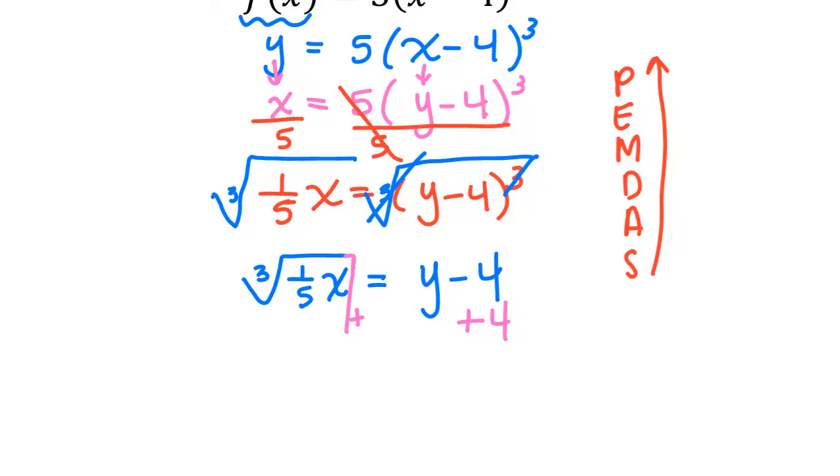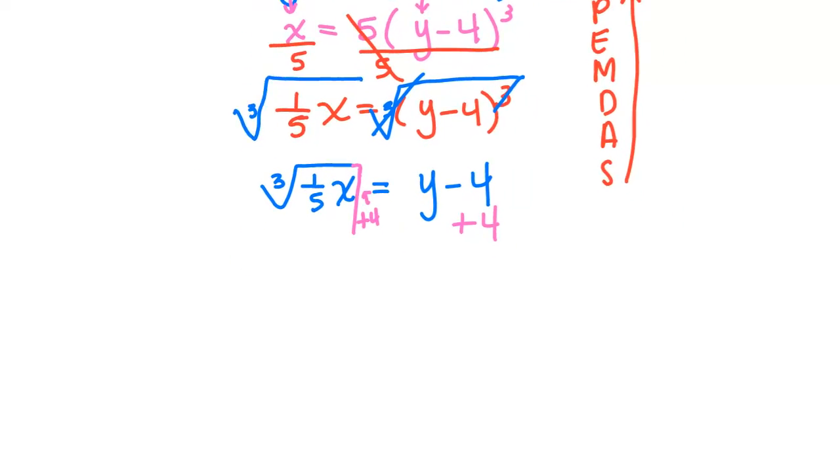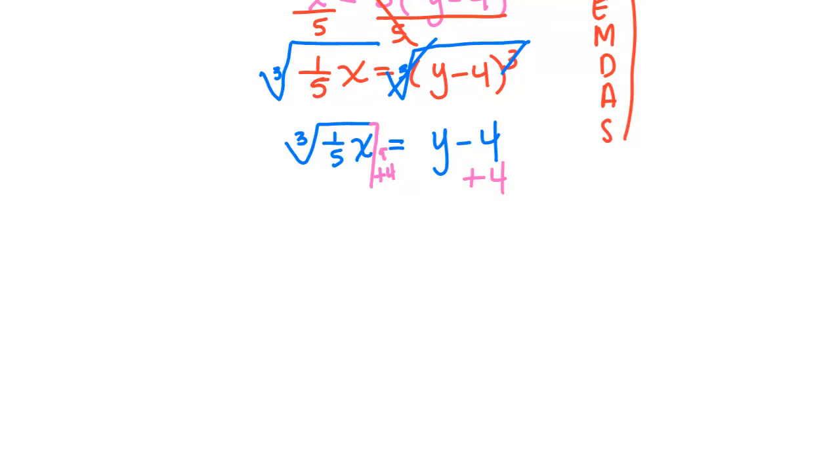So the plus 4 really goes right here after the radical. Okay? So this is going to be the cube root of 1/5 x with the plus 4 on the outside of the radical. And that's going to equal y.